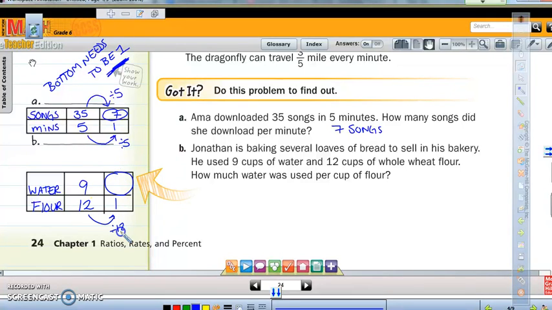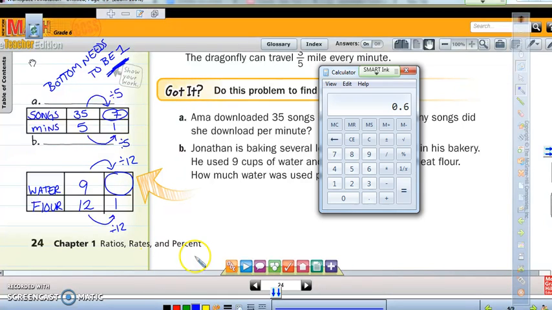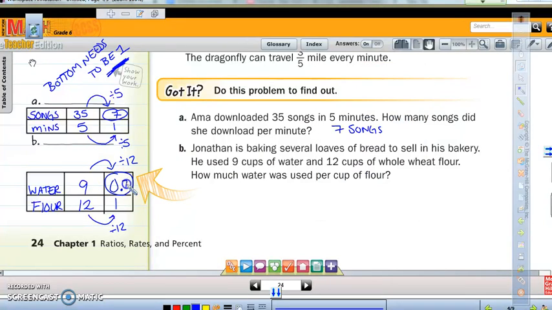Divide by 12. 9 divided by 12 does not end up working out, but let's type it in our calculator. It gives me 0.75. Okay, so 0.75 cups. So again, we will have decimals, that's okay.